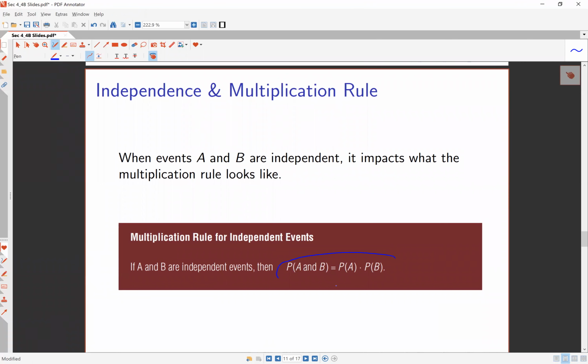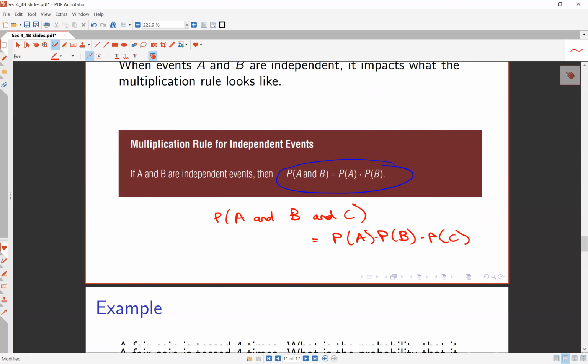So here's that multiplication rule for 2 events. And let me just repeat it one more time for 3 events. And this can be extended to 4 or 5 or 10 events. As long as they're all independent and you have AND statements, you can convert them to products.